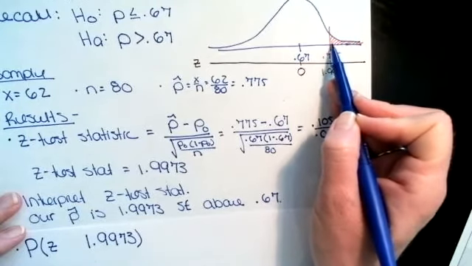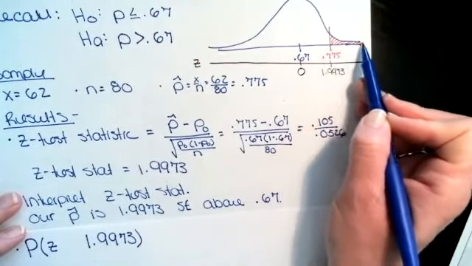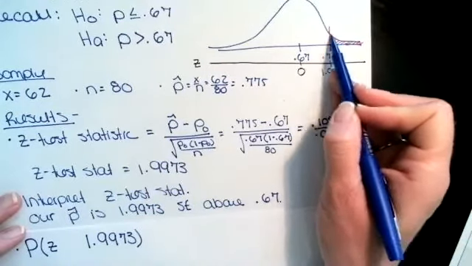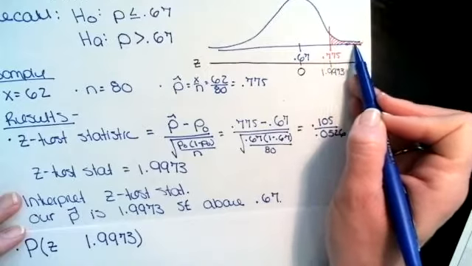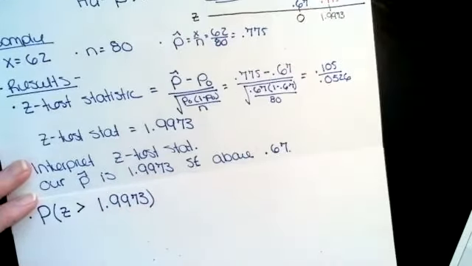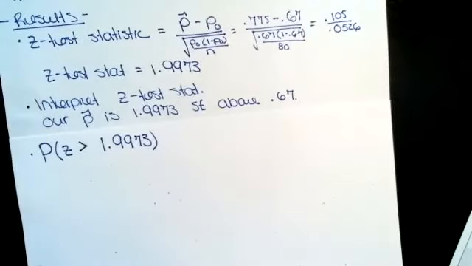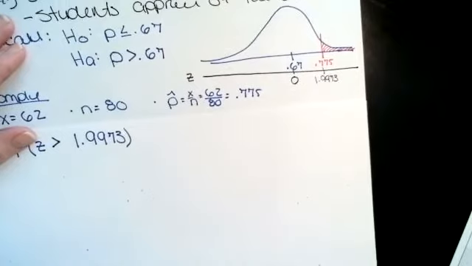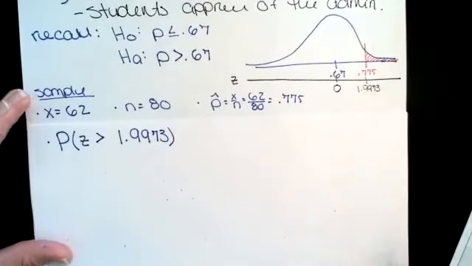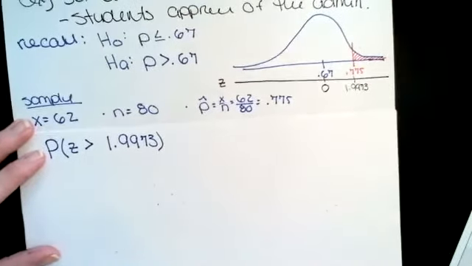I want to know the probability that it's greater than this test statistic of 1.9973, greater than the sample proportion of 0.775. Does that make sense? When we have that visual, it helps us figure out the lower and upper bounds. This is something we've done before. This is not new.